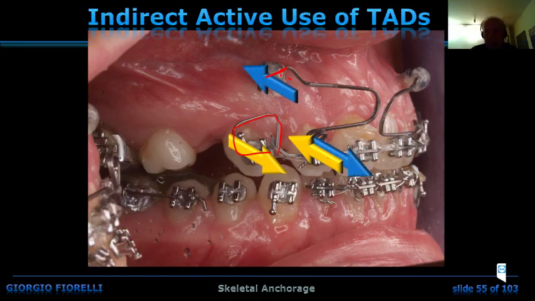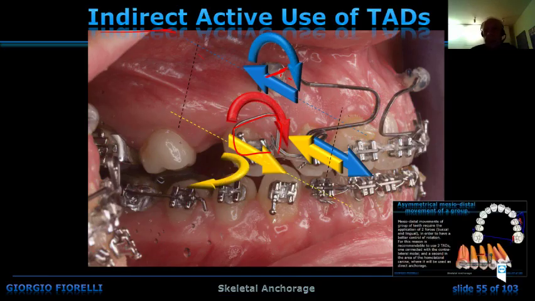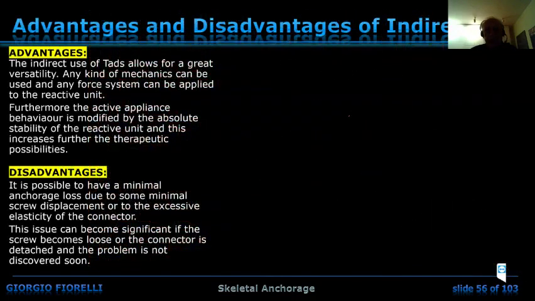And so there is an active use of the TAD, but it's indirect because I'm creating a force not to move the teeth but to prevent the movement. So it's a little bit more complicated, but we have not a lot of time.